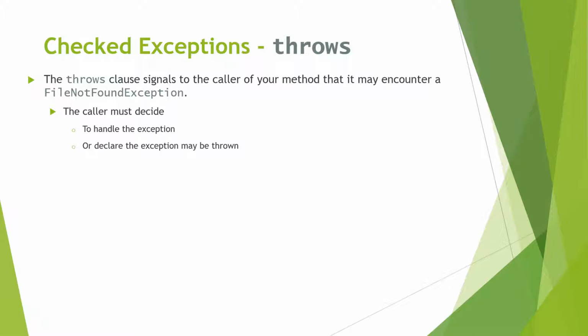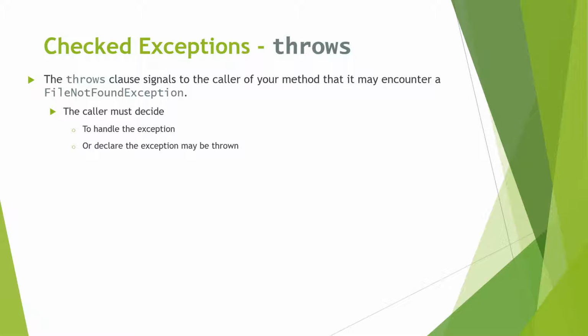Now the caller has also two options. The first option is to handle the exception. The second option is to declare the exception may be thrown again. So you may call a method, the method may throw an exception, and then you can throw the exception that you receive from the calling method again.